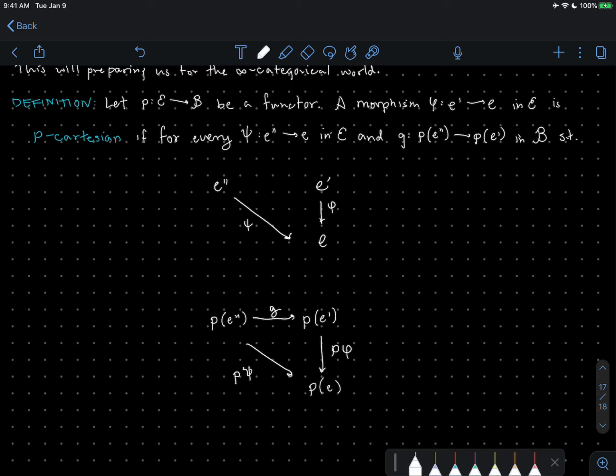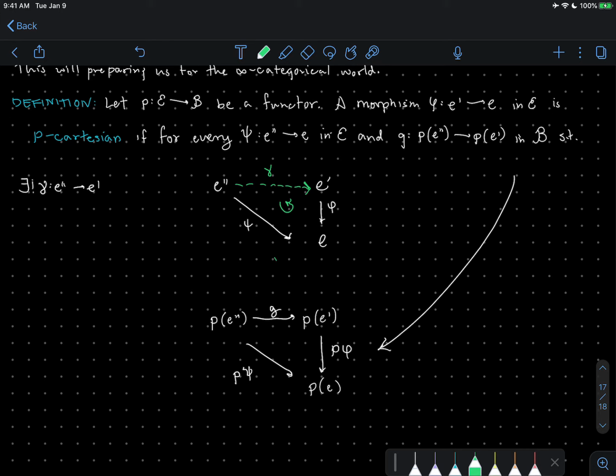So such that with all of that, then there exists a unique gamma from E double prime to E prime, which I'm going to show here, making this commute.